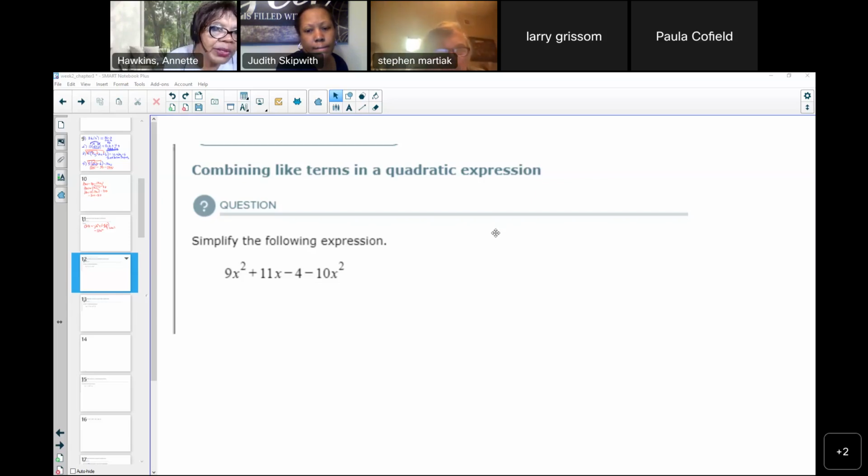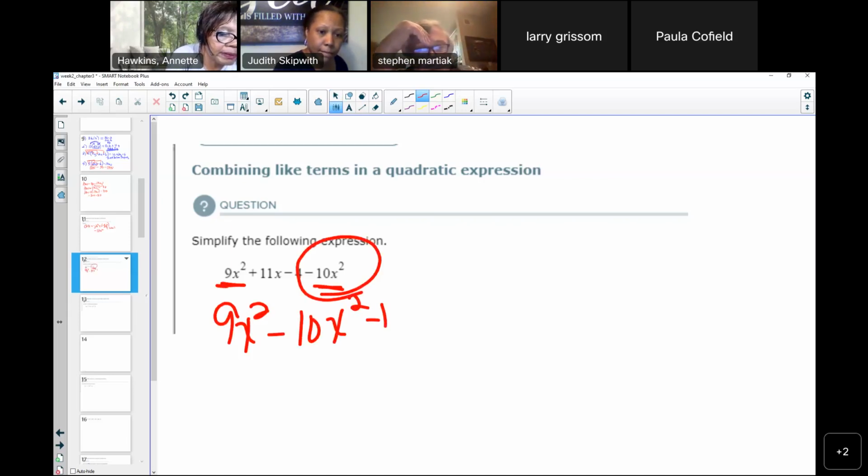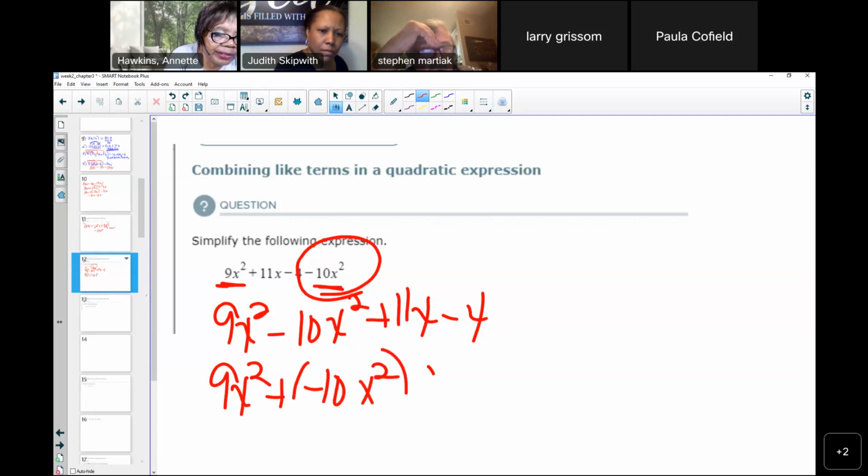Okay, so these are the like terms, okay? And so this is 9x squared, and if I move this, that sign has to come with it. So this is 9x squared plus negative 10x squared.